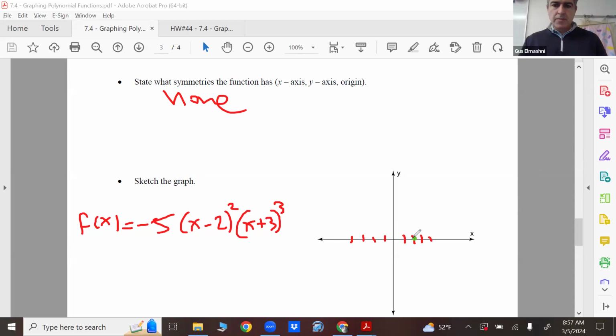So 2, negative 3. Remember, this is a bounce. That's a cross. Arrows go like this.